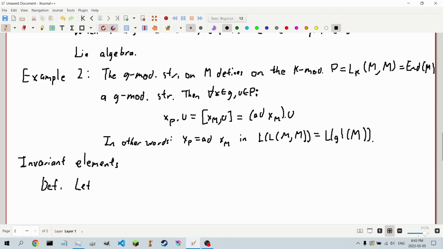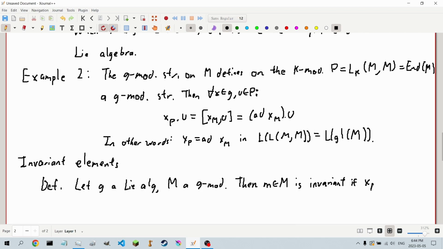Definition: let G be a Lie algebra, M a G module, then an element m in the set M is called invariant if, for everything x in G, x sends m to 0.